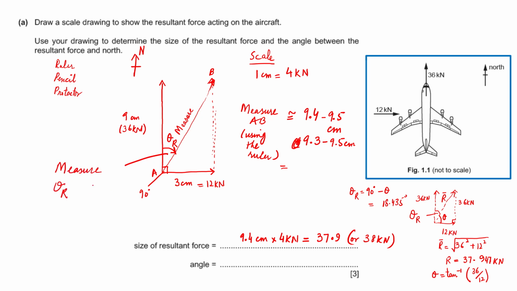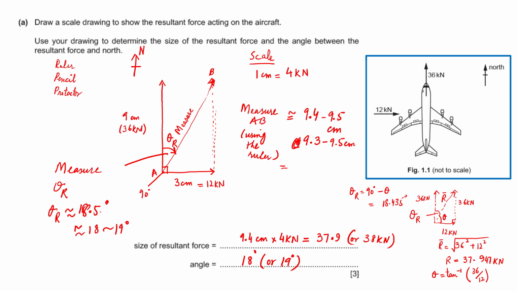If you measure this angle, theta r will approximately be equal to 18.5 degrees, or something between 18 and 19 degrees is the right answer. So you can write 18 degrees or 19 degrees. Any value between these, or any of these values, will be considered as a good answer.